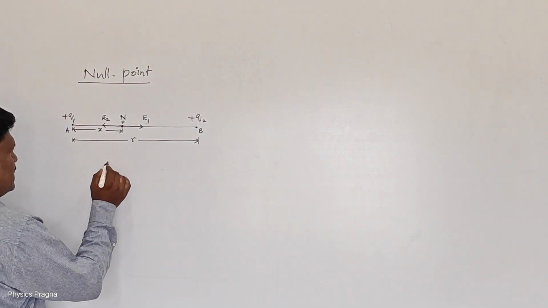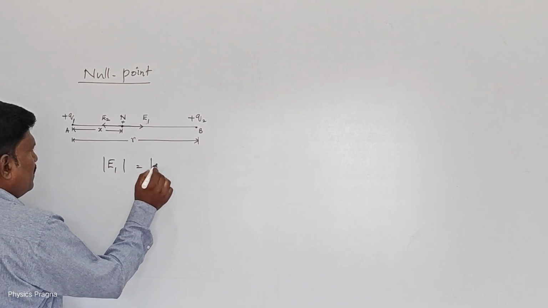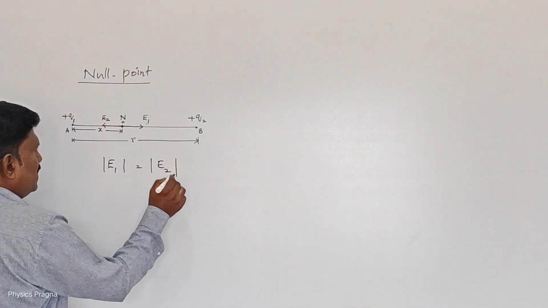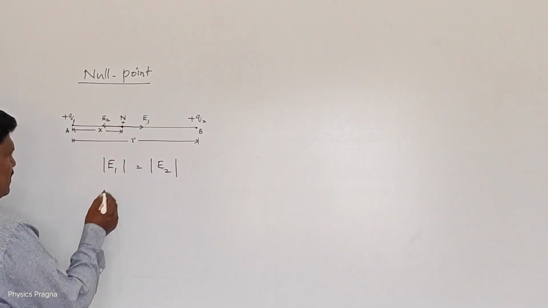So null point means the magnitude of E1 is equal to the magnitude of E2. I am not writing any bar over it, that means it is magnitude only. So if these two magnitudes are equal, then the net becomes 0. Wherever at a point the net electric field becomes 0, that point we call a null point. So here E1, let us write the formula.